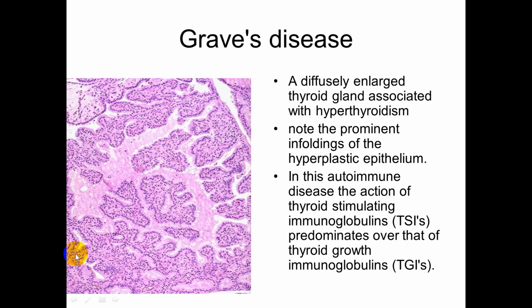A diffusely enlarged thyroid gland associated with hyperthyroidism shows prominent involvement of hyperplastic epithelium. In this autoimmune disease, the action of thyroid-stimulating immunoglobulins predominates over that of the thyroid growth immunoglobulins.